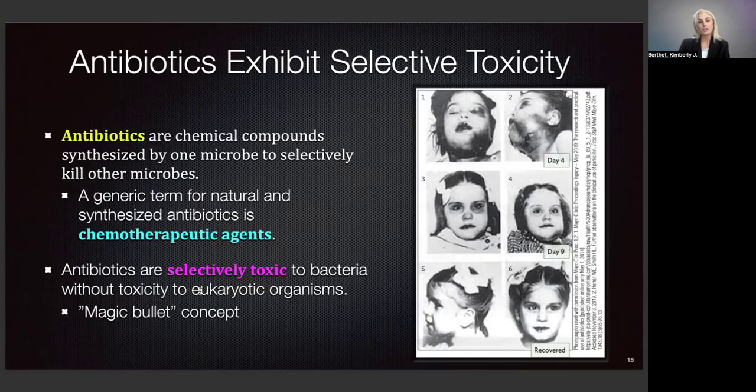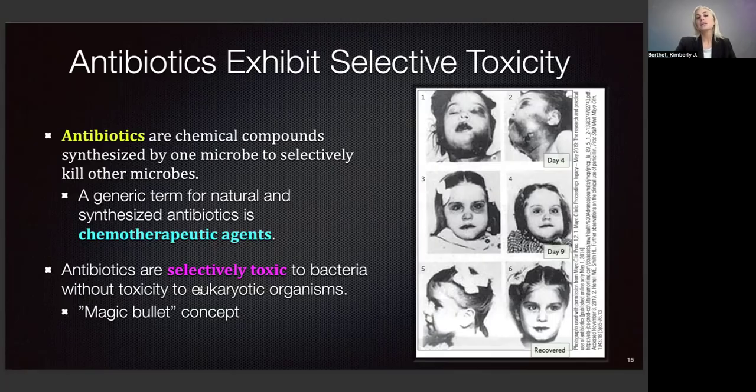We're trying to differentiate between the cancerous cells and the healthy cells. So getting something that's selectively toxic against the cancer cells when they're actually our own cells is really difficult. Viruses are difficult again for antivirals, but bacteria is a lot easier because their cell type is so different. There's many different targets that we can use.